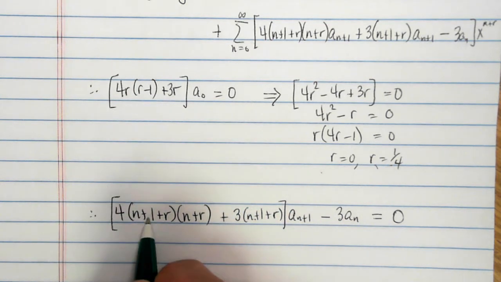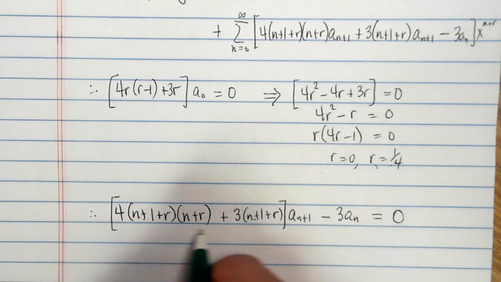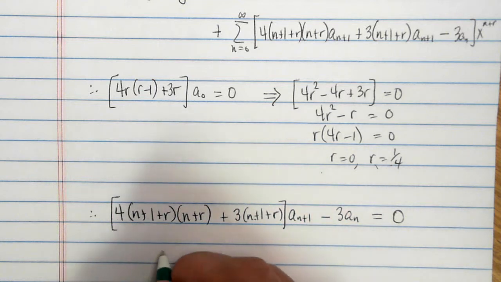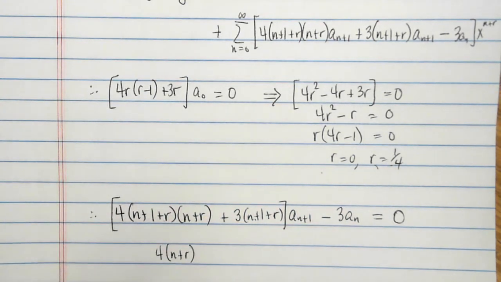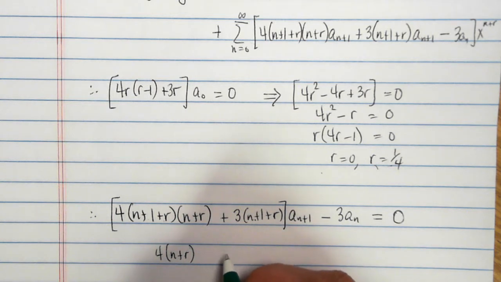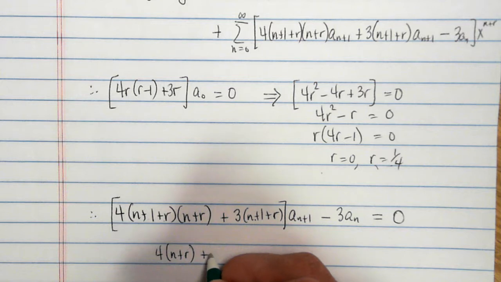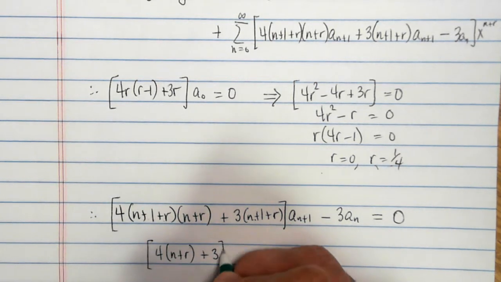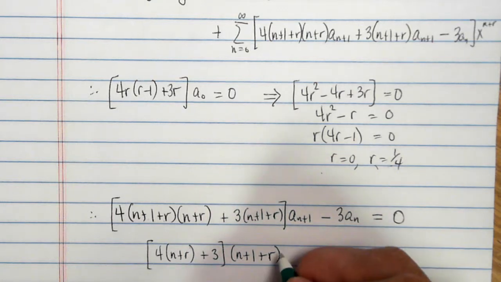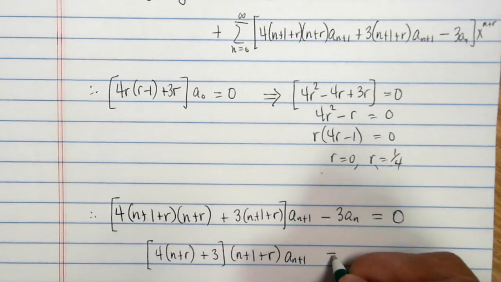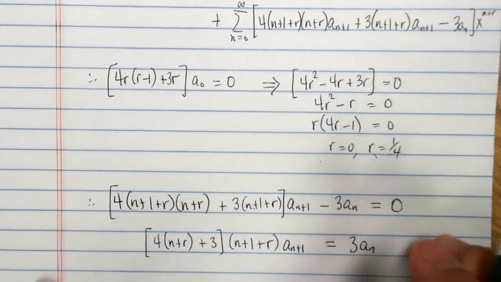And so I can factor (n plus 1 plus r) out, so I get (4(n plus r) plus 3) times (n plus 1 plus r) times a sub n plus 1 is equal to 3a sub n.